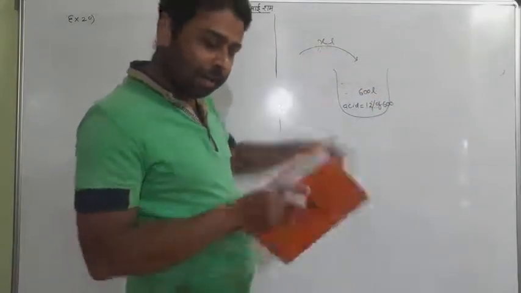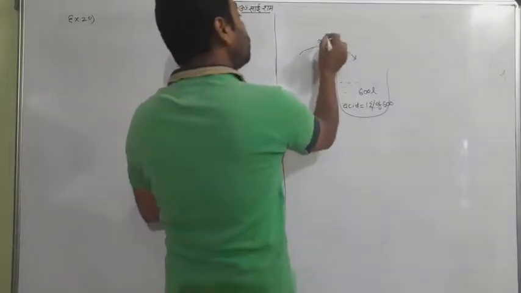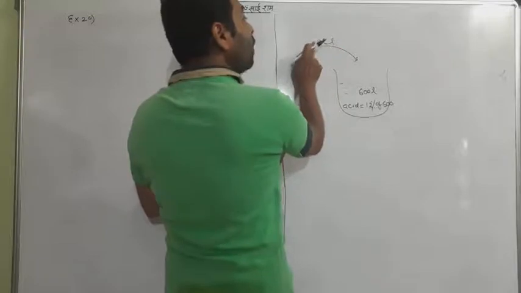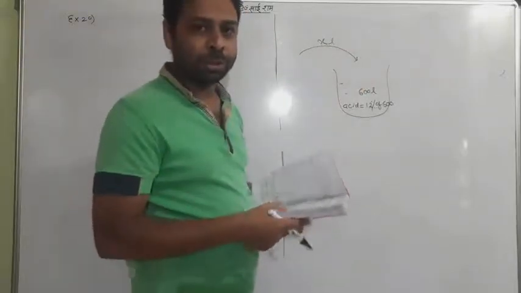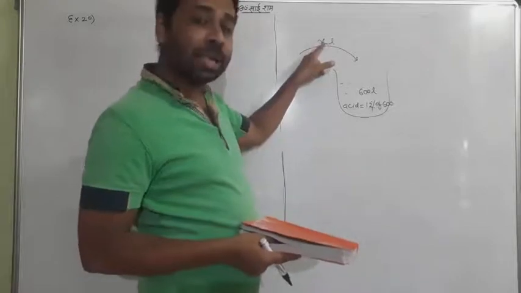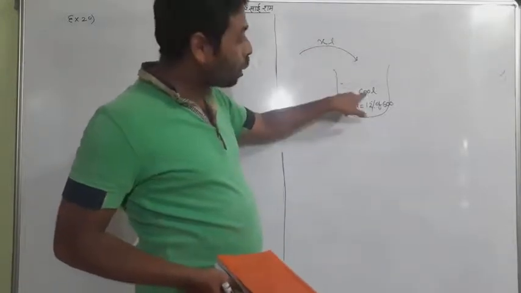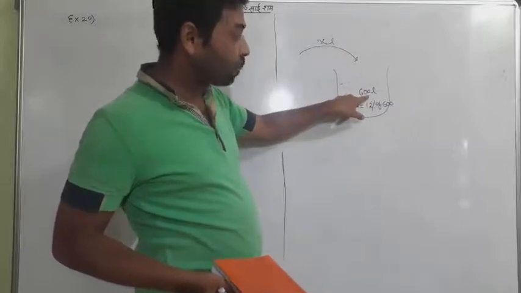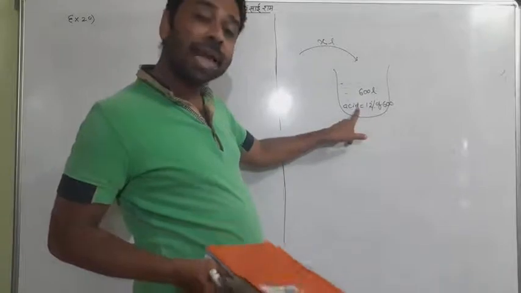Suppose X liters of solution is added in this solution, but this is not an ordinary solution. It has 30% acid. When we mix X liters in it, two things will change. Definitely it is X liters of solution, so the total solution will be 600 plus X. But what is the acid content?